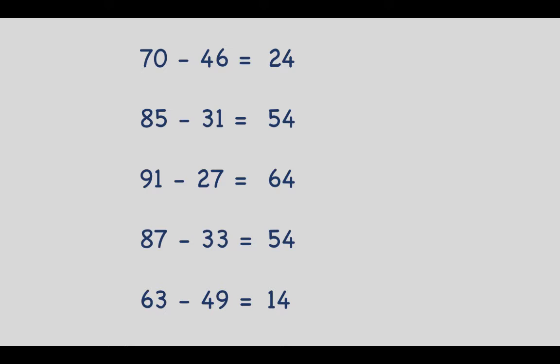One way to obtain a difference of 4 ones is to have a minuend which has 4 more ones than the subtrahend. For example, 5 is 4 more than 1, and 7 is 4 more than 3. The other way to obtain a difference containing 4 ones is when a subtrahend is 6 greater than the minuend.